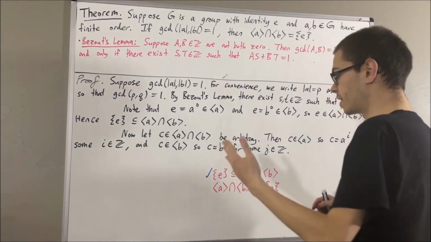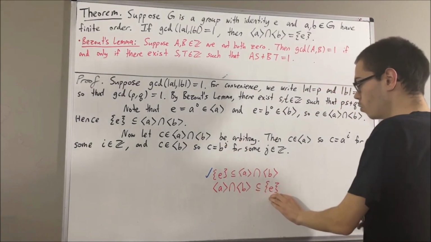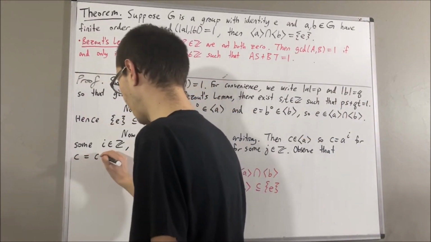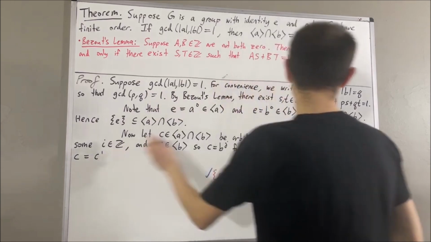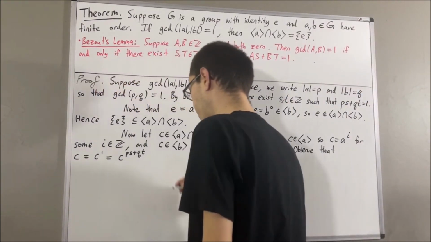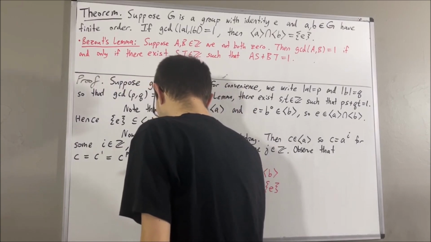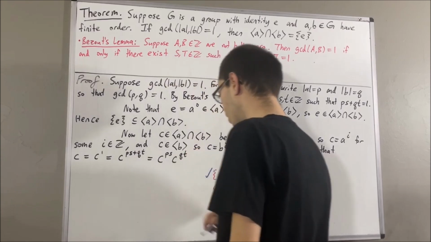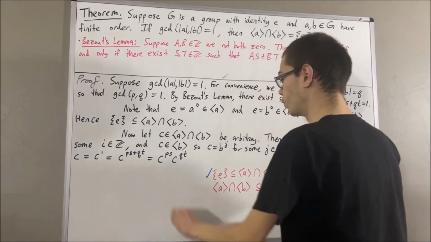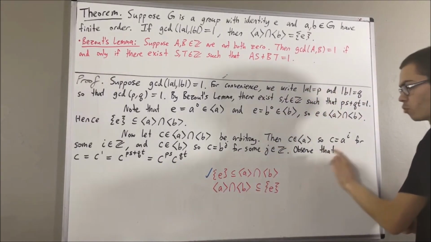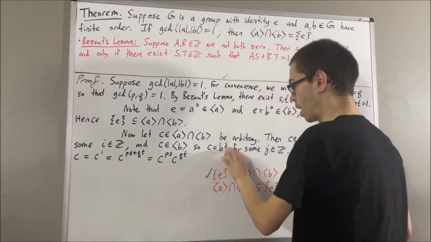And now, to see how c is equal to the identity element, we'll notice we know that c is equal to c to the power of 1, and 1 is equal to ps plus qt. And then by properties of exponents, this is just c to the power of ps times c to the power of qt, and it'll be nice if we replace the first c with a to the power of i, and we replace the second c with b to the power of j.